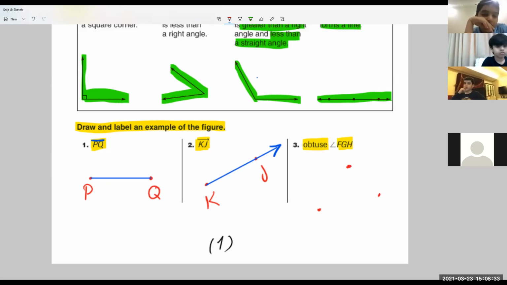No. Wait. No. So you can put 3 points as you want. You have to start with some particular point. Which point are we gonna start with?